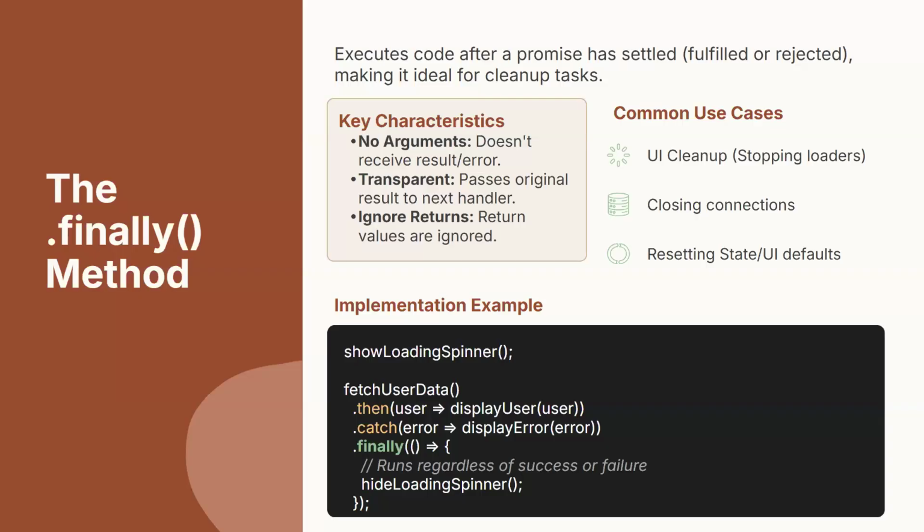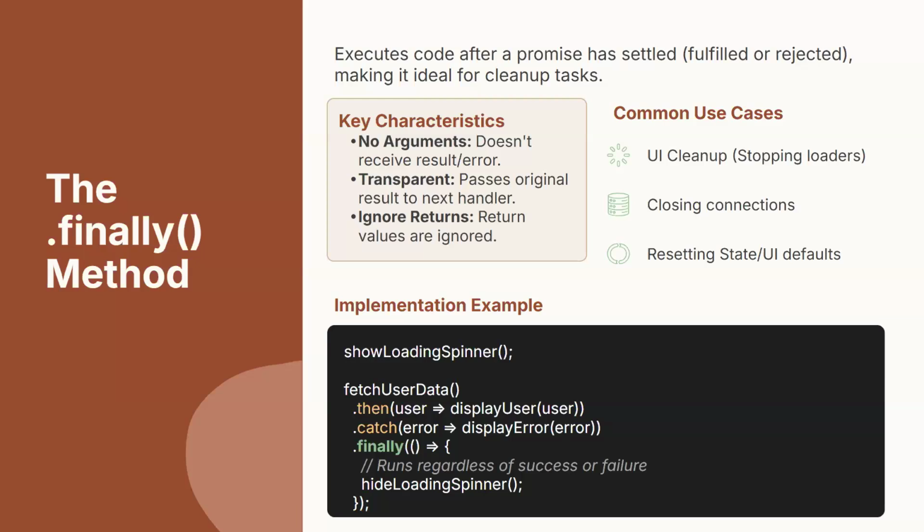It's completely transparent, which means it passes the original result or the error through to the next handler. And if you return anything from the finally method, it would be ignored unless it throws an error.